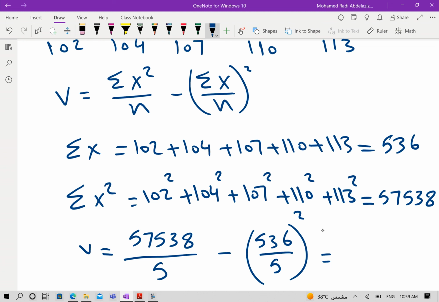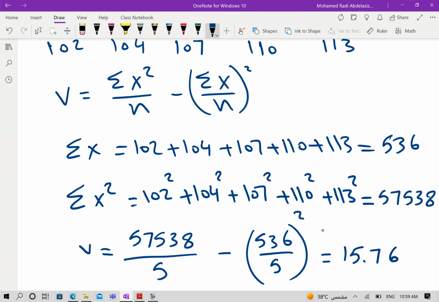Give me the answer exact, then round it to 3 significant figures. So the answer is 15.76.